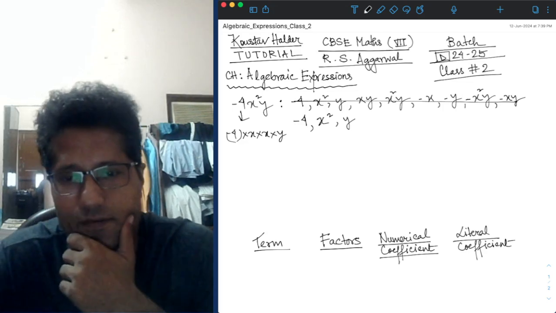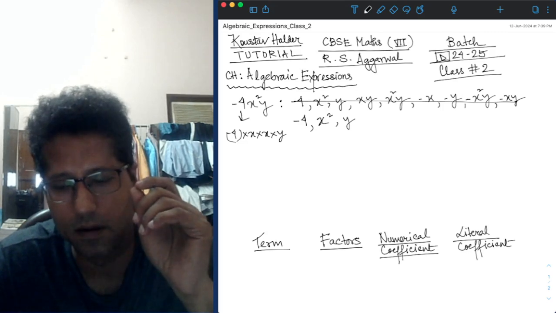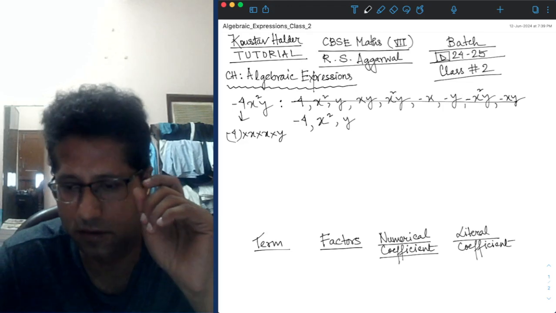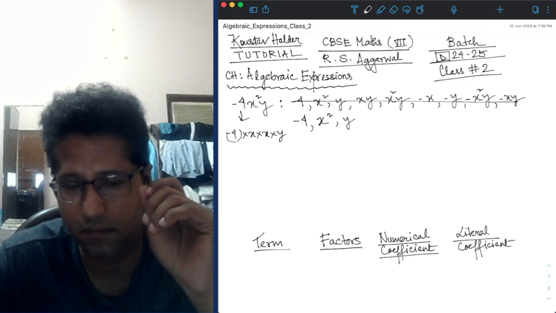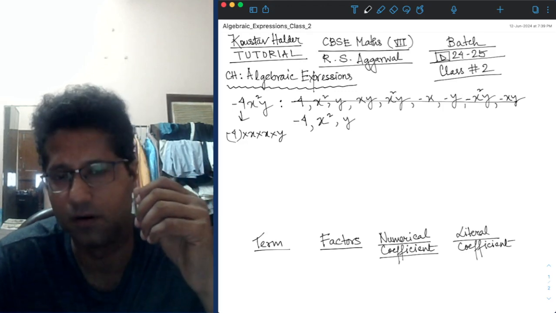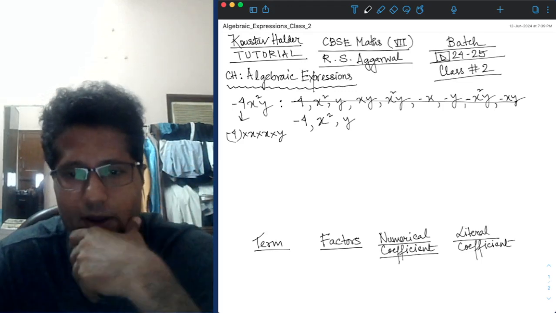Then we consider the separate literals, either with exponentials or powers, or if they have no powers, that is the power is 1, as the factors.